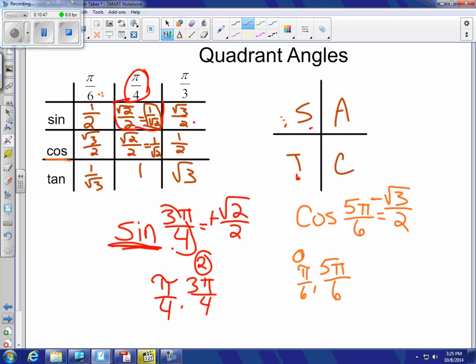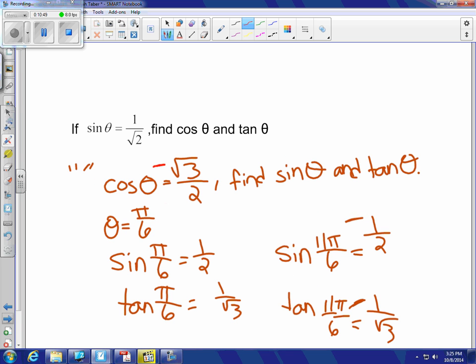So instead of doing pi over 6, you got to do, I said second, 5 pi over 6. And your third one, which is 7 pi over 6. And then you find out, well, is it negative or positive for sine, is it negative or positive for tan, and all that.